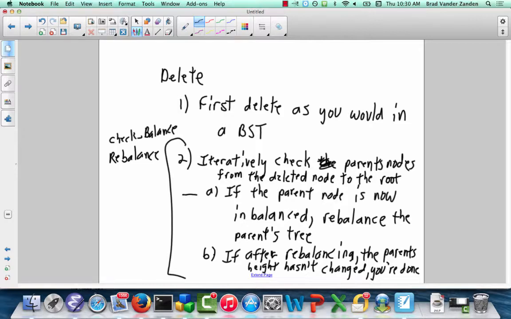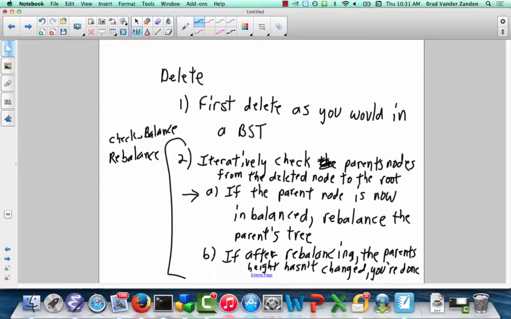Notice that it's possible that step A will find that the parent's tree is balanced, but its height is different than it was before. You still have to keep going. You're only allowed to stop if the parent's balanced and its height hasn't changed.